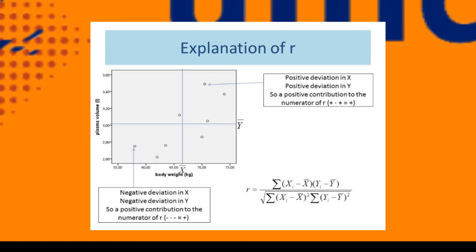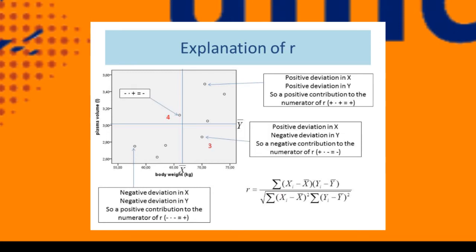For this second man, with relatively low body weight and relatively low plasma volume, we see a negative deviation of the x variable, meaning lower than average, and a negative deviation in the y variable. This individual will also give a positive contribution to the numerator, because negative times negative is positive.